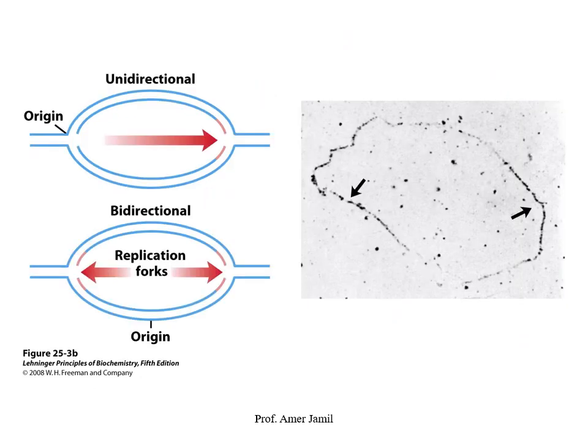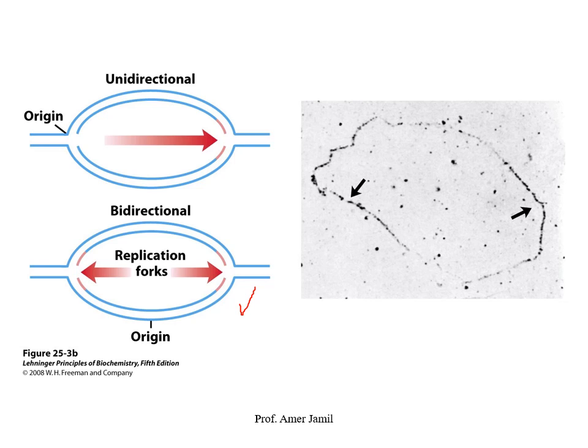Another important thing is that DNA replication goes in a bidirectional form. In this case, this lower one is bidirectional. The place from where DNA replication is initiated is the origin of replication, and the machinery which performs this function is called the replication fork.